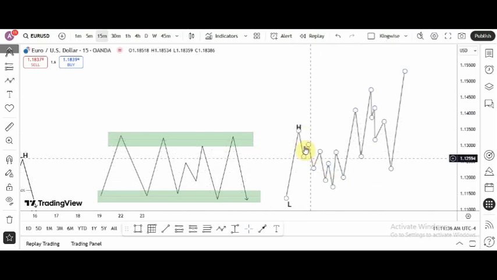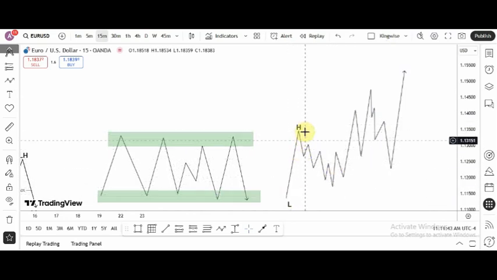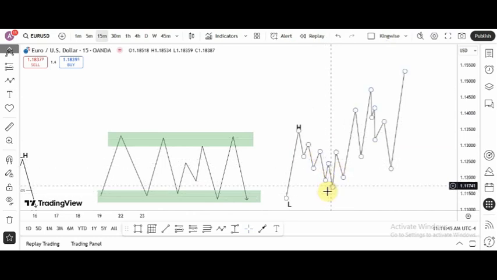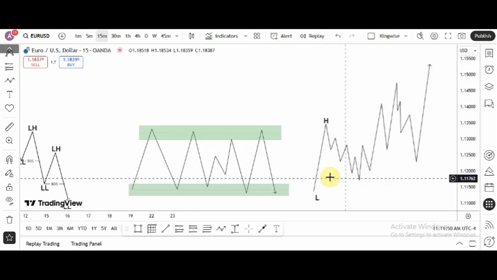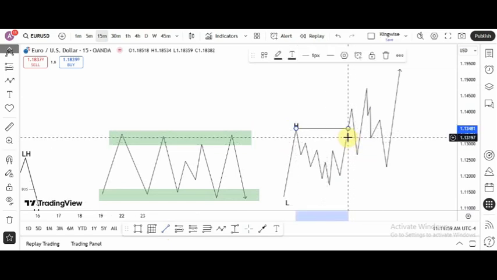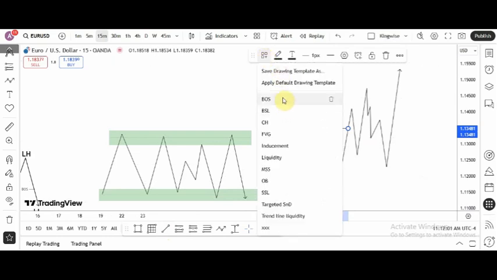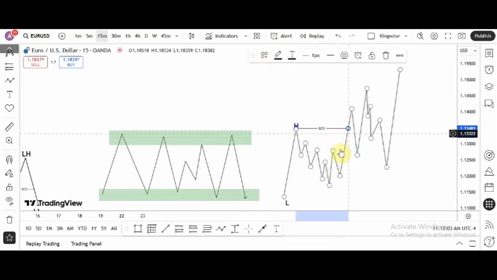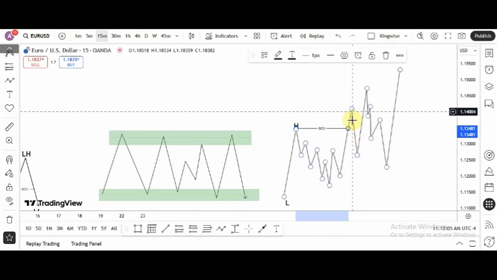Now, whatever you see inside of this upward move are what we call internal structures. So you are not supposed to be confused about it. You just know that this is our high. As long as this high has not been broken, we are still inside.